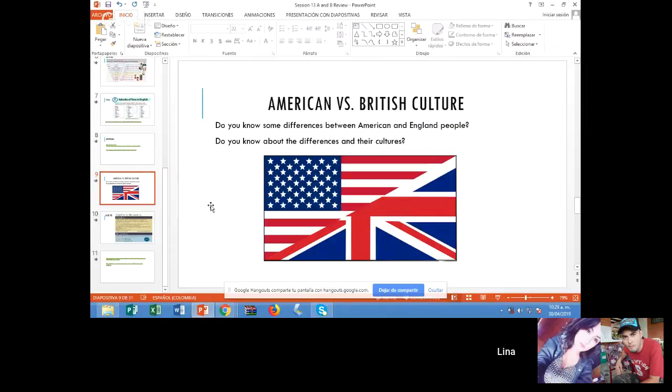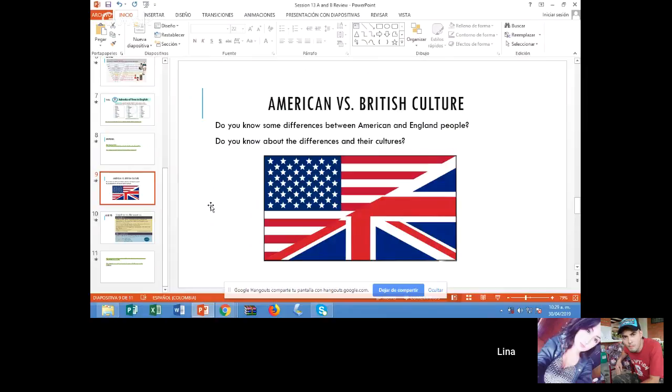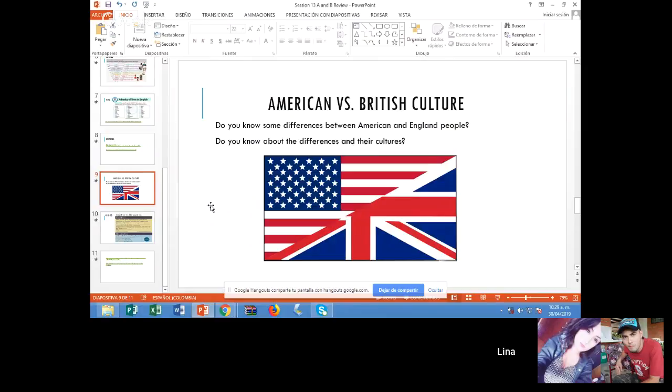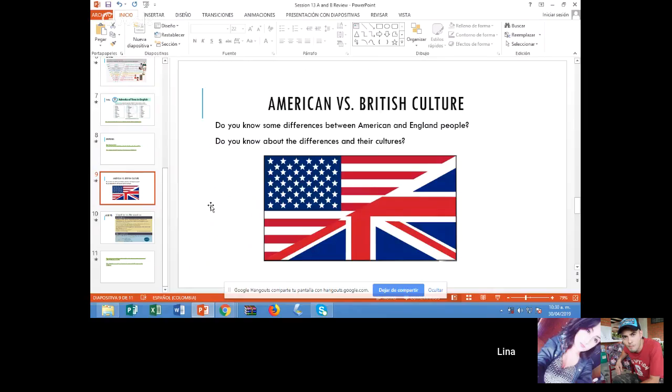Another difference can be maybe they eat a lot of different food. For example, in America, they usually eat hot dogs, hamburgers, and mac and cheese, and stuff like that. This is fast food or junk food. But in the British culture, they don't like this kind of food. They prefer some different kind of food with gravy and stuff like that.